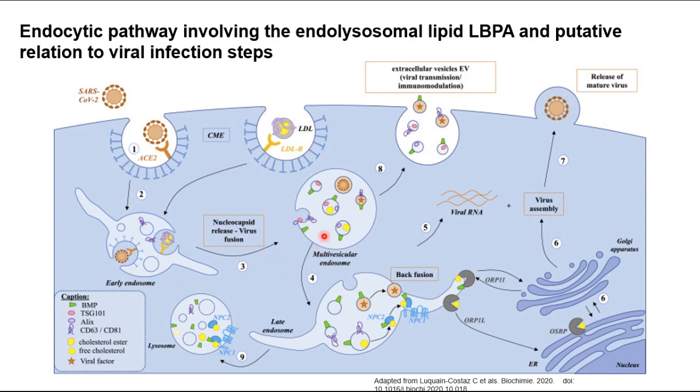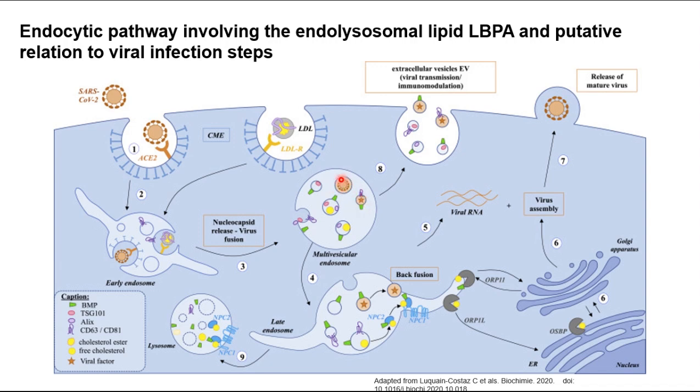Here we have the LBPA, which is called BMP here because it has this other name also. As I mentioned before, LBPA is located in the late endosome. So here we have the late endosome, and here we have another late endosome, and as I mentioned before, LBPA and ALIX are going to interact to form these intraluminal vesicles that are important, according to the bibliography, for other viral infections like VSV, but only for some other viruses.